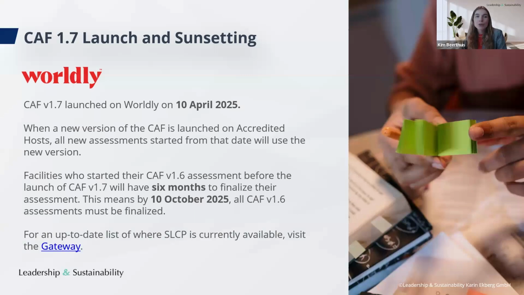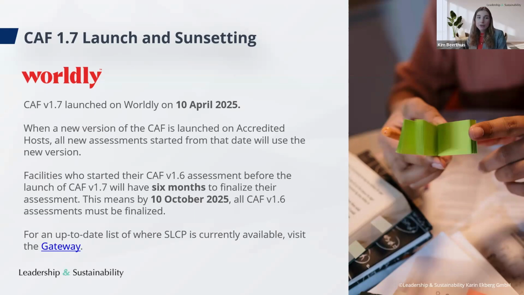Last month, SLCP actually launched the CAF version 1.7. That happened on the 10th of April this year. And the earlier version, the CAF version 1.6, can now only be completed by those facilities who have started their assessment prior to the 10th of April.